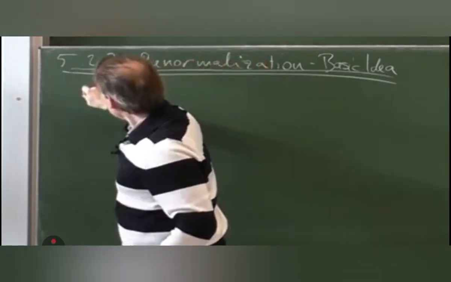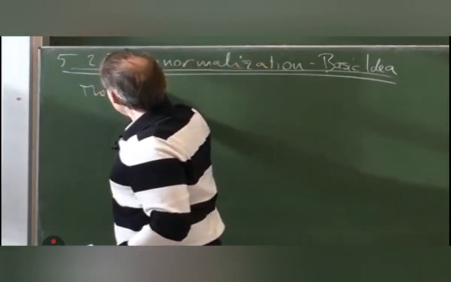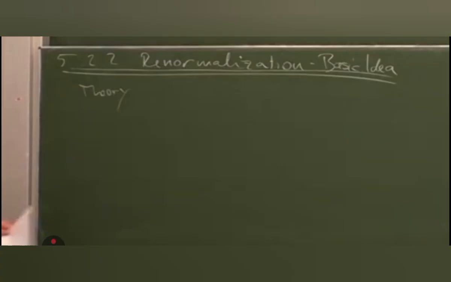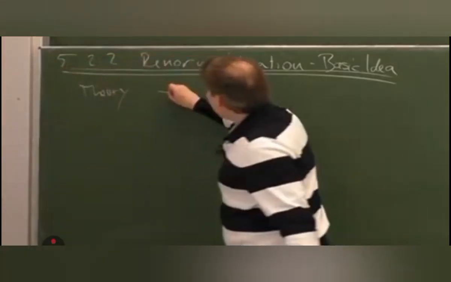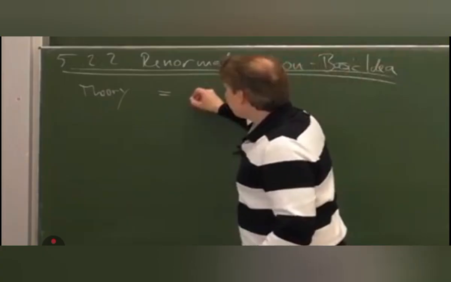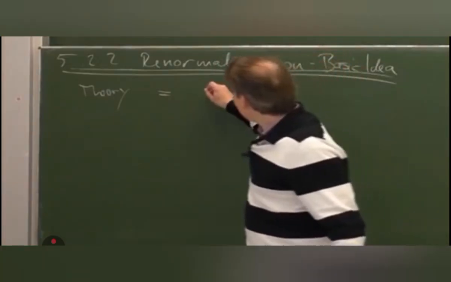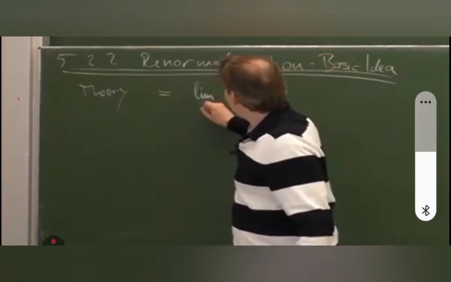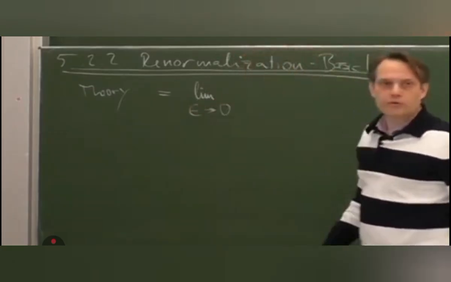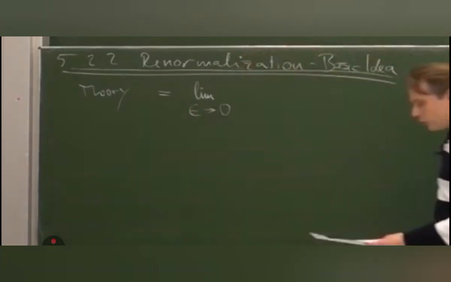The basic idea, as already mentioned, is the following, namely our quantum field theory is actually a limit of a class of theories which depend on a so-called regularization parameter epsilon.